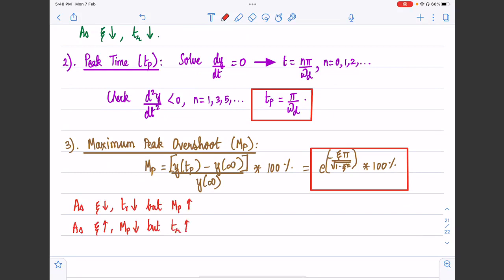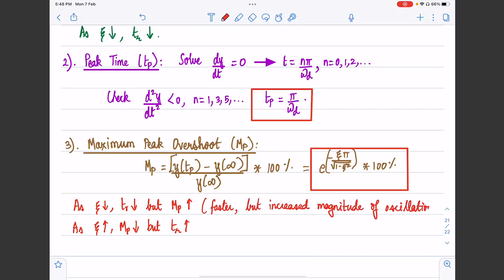So this is a tough choice, right? In the first case, if I make the system more underdamped by decreasing zeta, I make the system respond faster, but I have increased the magnitude of oscillation. The oscillations become higher in magnitude, right? So that is the issue.